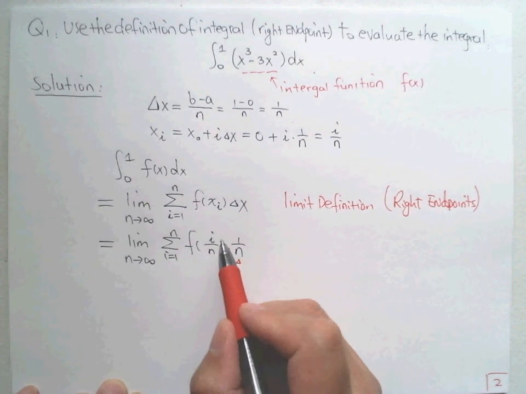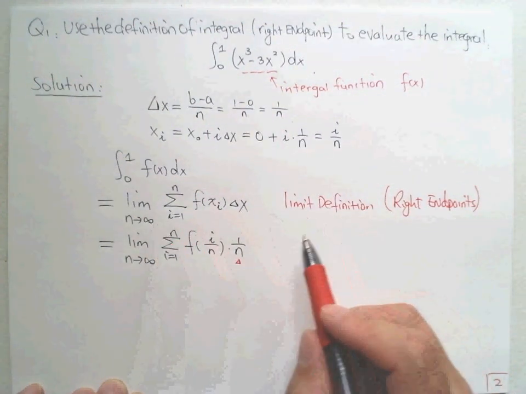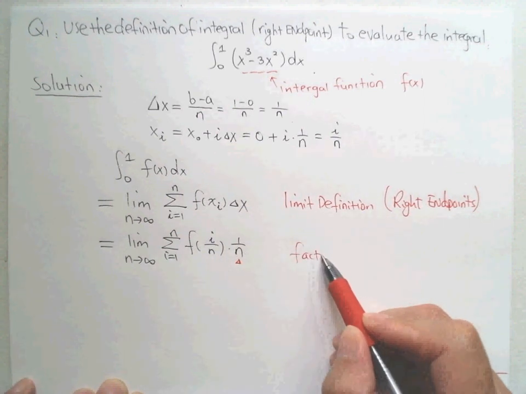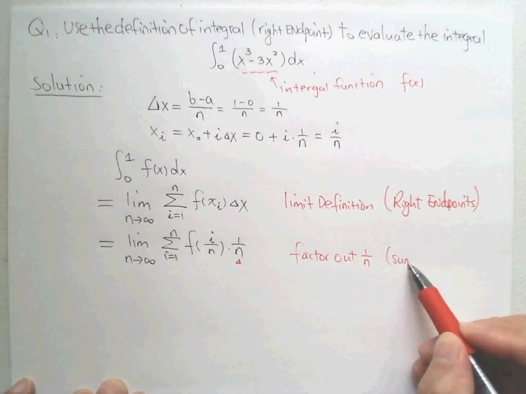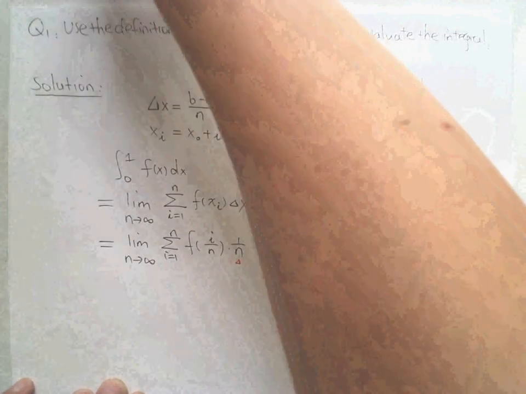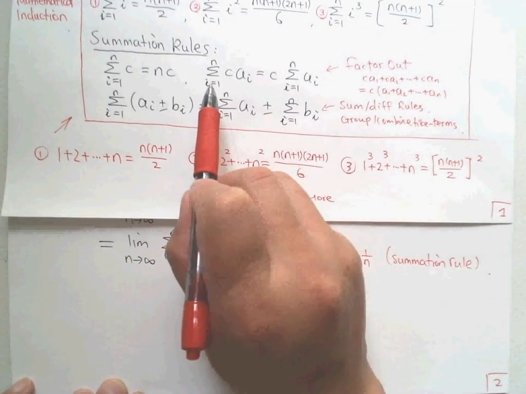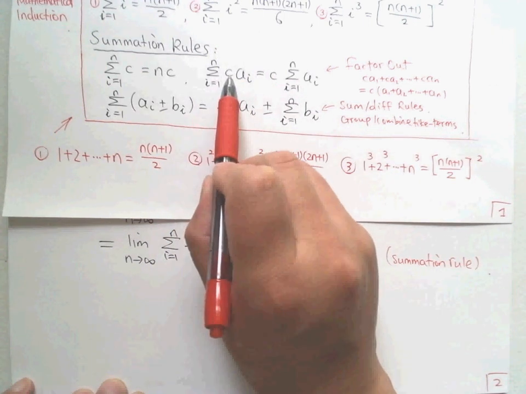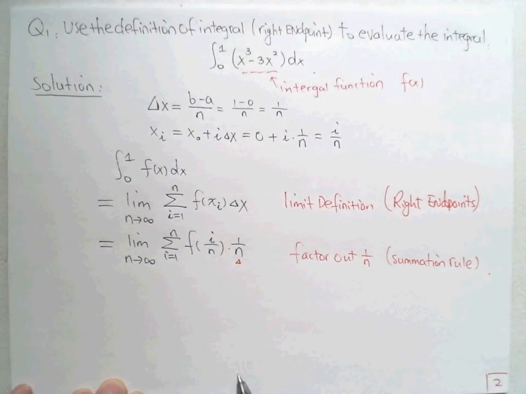Remember the summation rule we just discussed: a constant number, which means it does not depend on the index i, can be factored out. So we can factor out the 1 over n. If you forget, this is the summation rule.